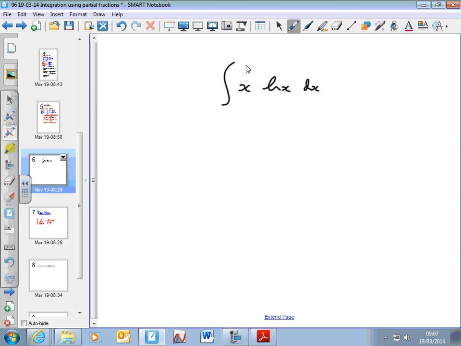So with u equal to log x, I'm going to differentiate that, and with dv equal to x, I'm going to integrate that to get v, differentiate this to get du, and then substitute those in and go from there. So have a go.